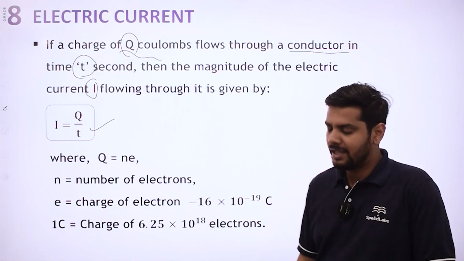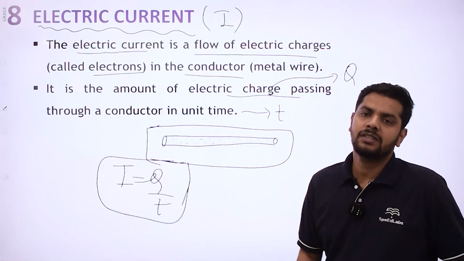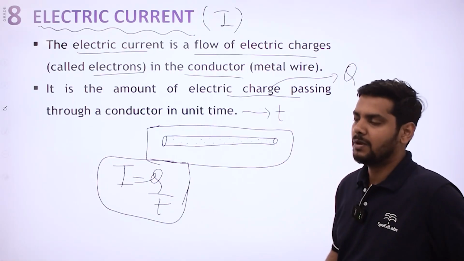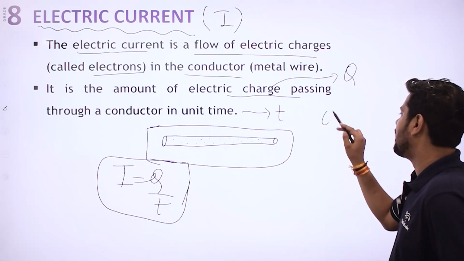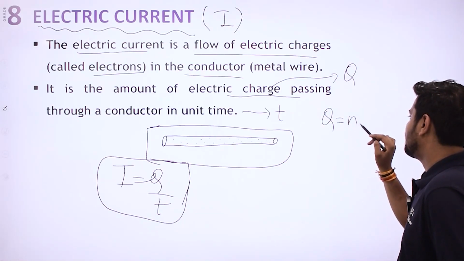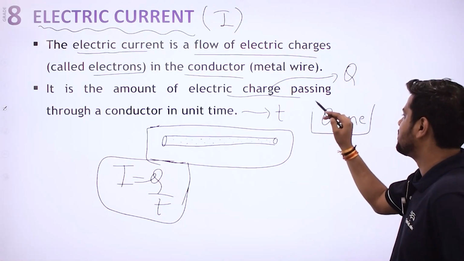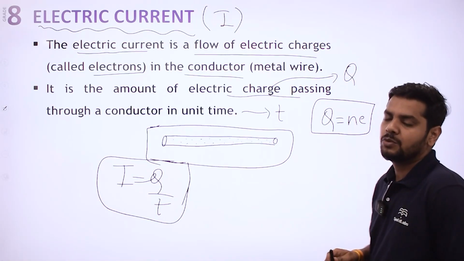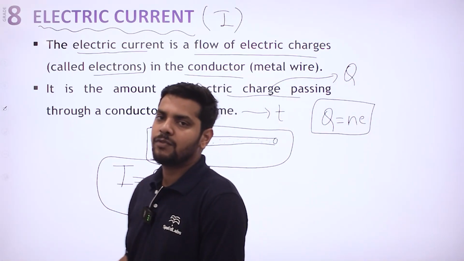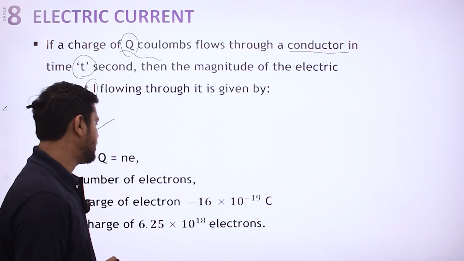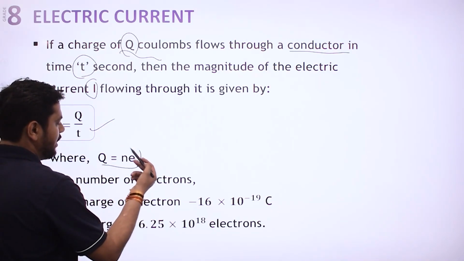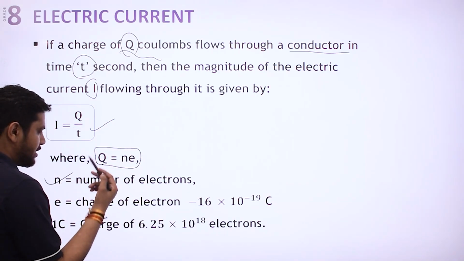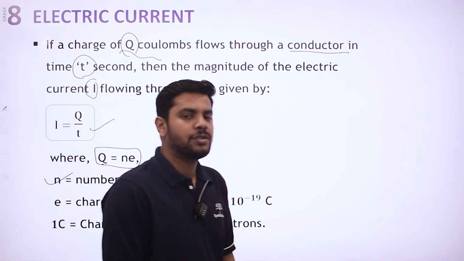Let's suppose over here charge is not given to us and the number of electrons is given to us. So first of all, we will have to find the amount of charge, and the formula which we use for that purpose is Q = Ne, where N stands for the number of electrons. As you can see here, Q = Ne, and what is N? N is the number of electrons, and Q is what?